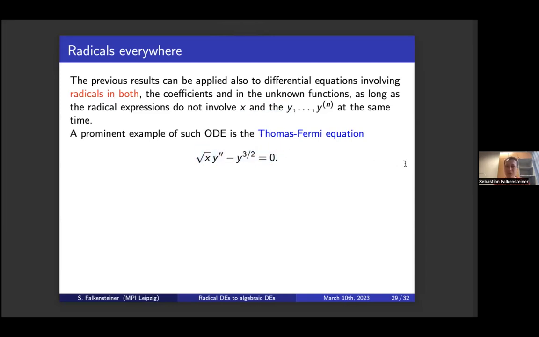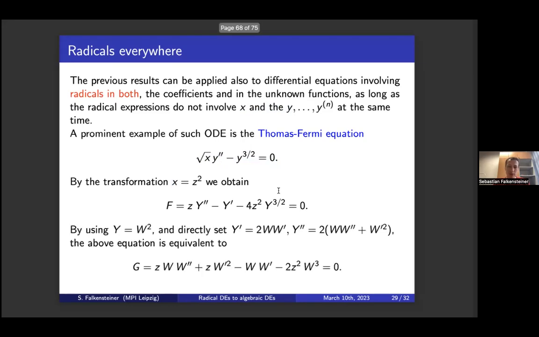This is the Thomas Fermi equation, which is maybe relatively popular among physicists. Okay, then we apply a transformation first on the X variable, and then on the Y's. And here we have this relation which allows us to simplify the obtained system G again to one single equation, which is here.